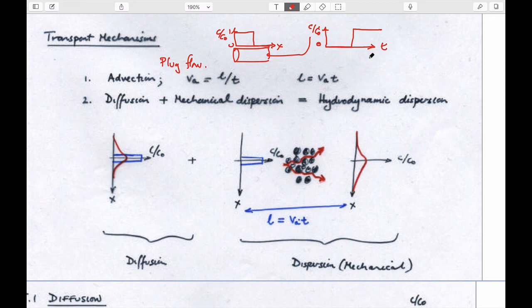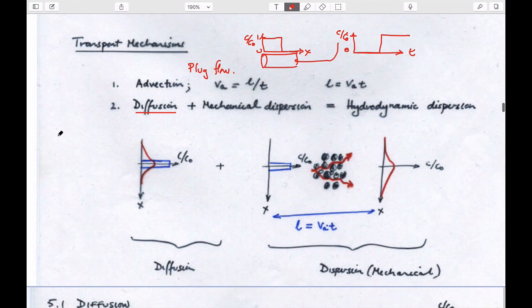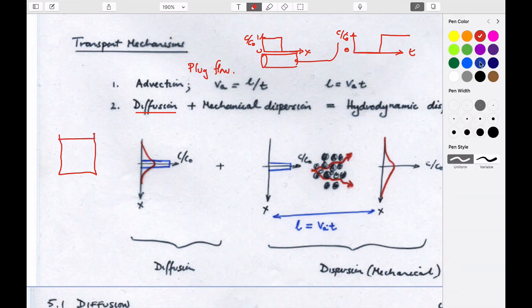And so if we think about diffusion first, to me the easiest way to think about diffusion is to take a beaker of water, no sand, and into that beaker you put a drop of ink.